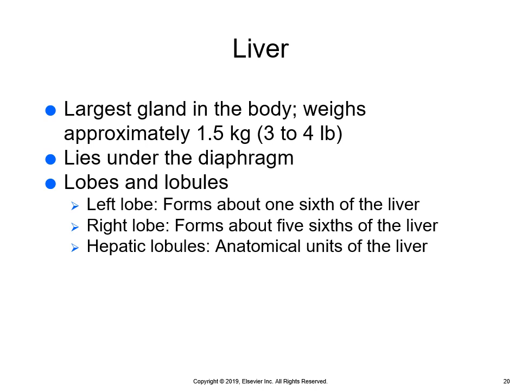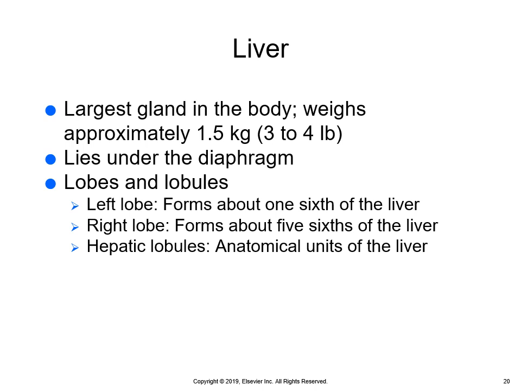It weighs about 3 to 4 pounds, which is 1.5 kilograms, and it's located in the right hypochondrium part of the epigastrium, so just beneath the diaphragm. The liver is needed not only for detoxification, but also for metabolism, and it's also needed for digestion.